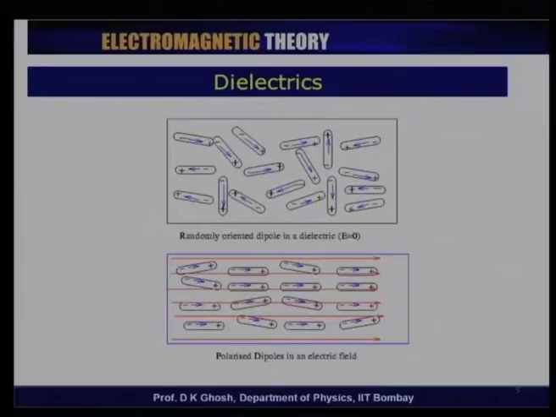Now, in bulk material, even when there is a permanent dipole moment, the molecules are sort of randomly oriented.